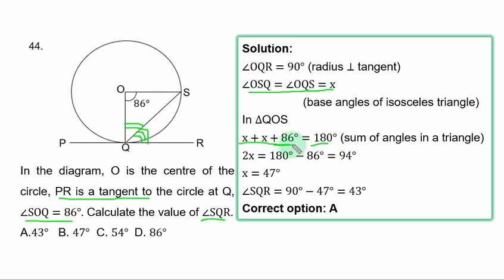You transfer this angle and you add these together, and you have 2s equal to 180 degrees minus 86 degrees, and that is 94 degrees. Divide through by 2, s is equal to 47 degrees. Therefore, angle SQ arrow is equal to 90 degrees minus 47 degrees, and you have 43 degrees. A is the correct option.